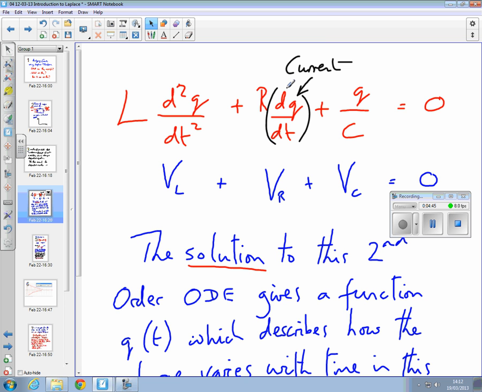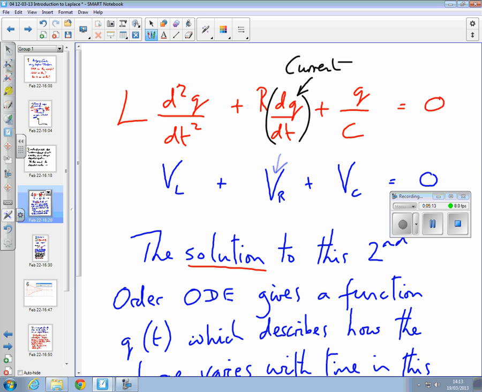If I multiply the current by the resistance, what do I get? The volts. And that's what this is telling me here. Look. This is the voltage across the resistor. dq by dt is telling me the current, so therefore times that by the resistance, I've got that.